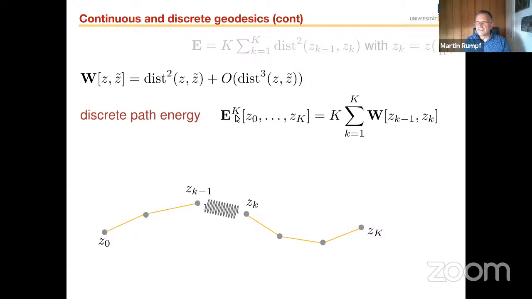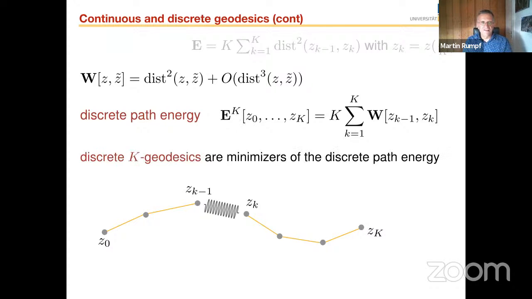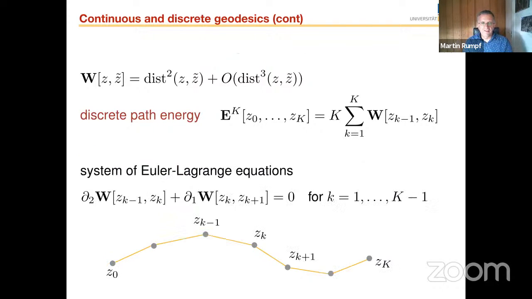And the path energy is just a chain of springs which I try to relax on the surface under the constraint that all my points lie on that implicit surface. And that picture holds also in our case here because we are dealing with an implicit surface in very high dimension for sure, and for sure not with the embedded distance in the Euclidean space, but with this physical distance based on the elastic energy. And discrete K geodesics are then defined as minimizers of the discrete path energy.